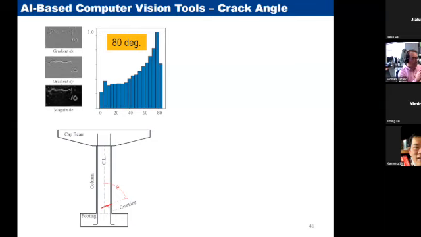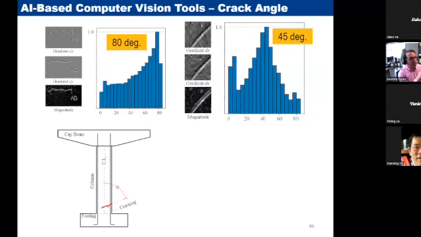Don't forget that in this project, theta 0 means the axial direction of the column and 90 means horizontal. So in this picture that you see, a human will recognize around 0, so that's a horizontal crack. Our tool is giving us 80 degrees, which is reasonable. Here it's kind of a 45-degree angle; the software is saying 45, and human eyes will see 45 approximately without using any tool.